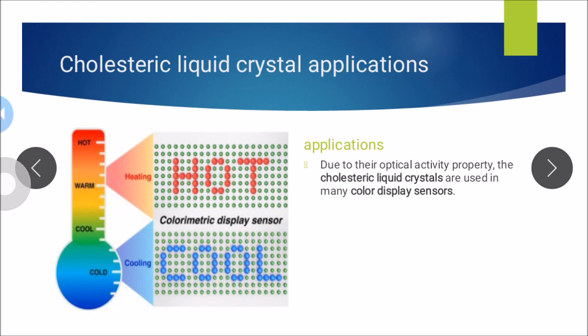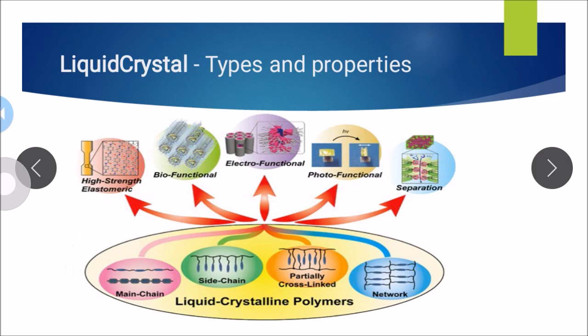When it is warm, it shows a different color. When it is hot, it shows a different color. When it is cold, it shows blue color. So red to blue is the color change they usually possess. That property is used in sensor materials.